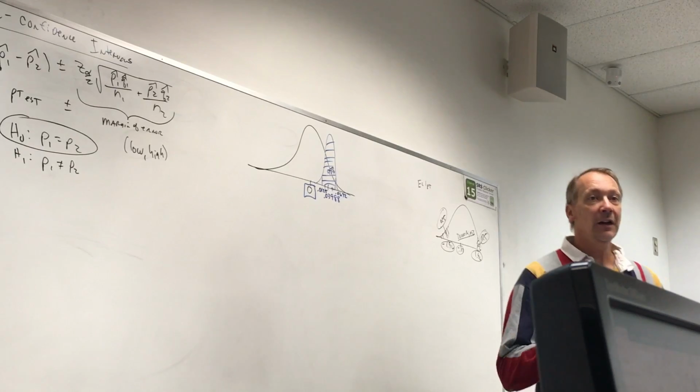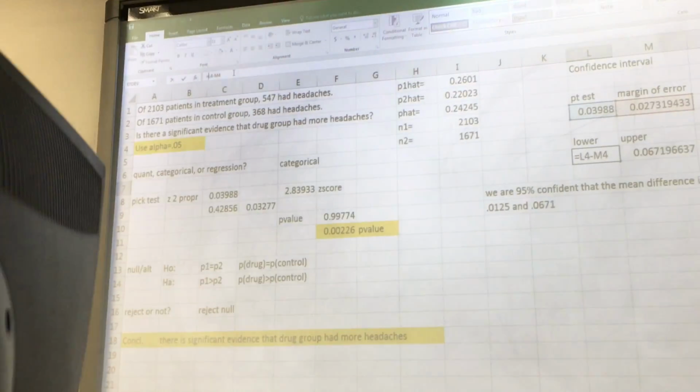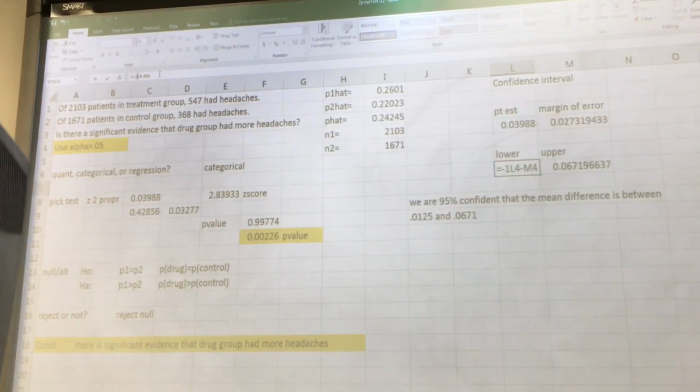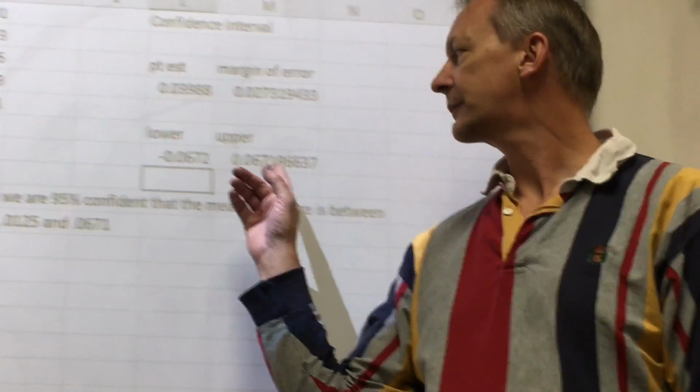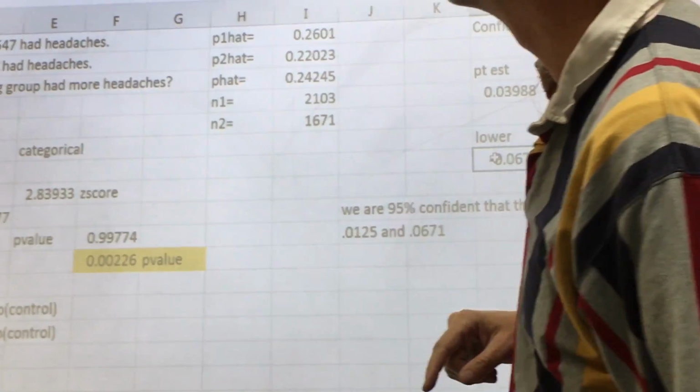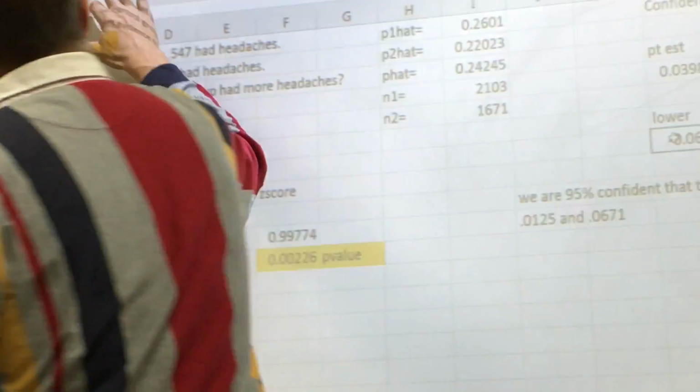Does that make sense? Now, let me ask you a question. I'm going to change this here, just for fun. I'm going to put a -1 here. Pretend that when I did my math, this is the result that I got.